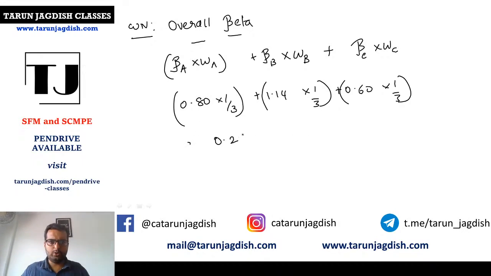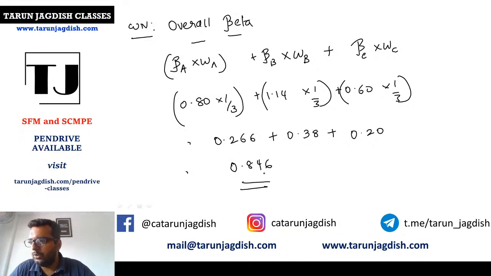I'll be getting 0.266 plus 0.38 plus 0.2. So the answer would be 0.85 or 0.846. Can you please write down this also in your books?